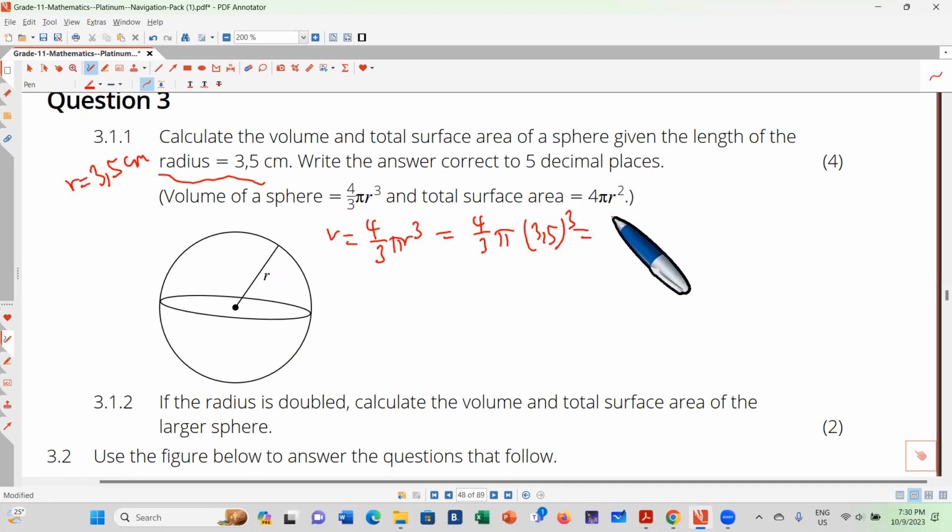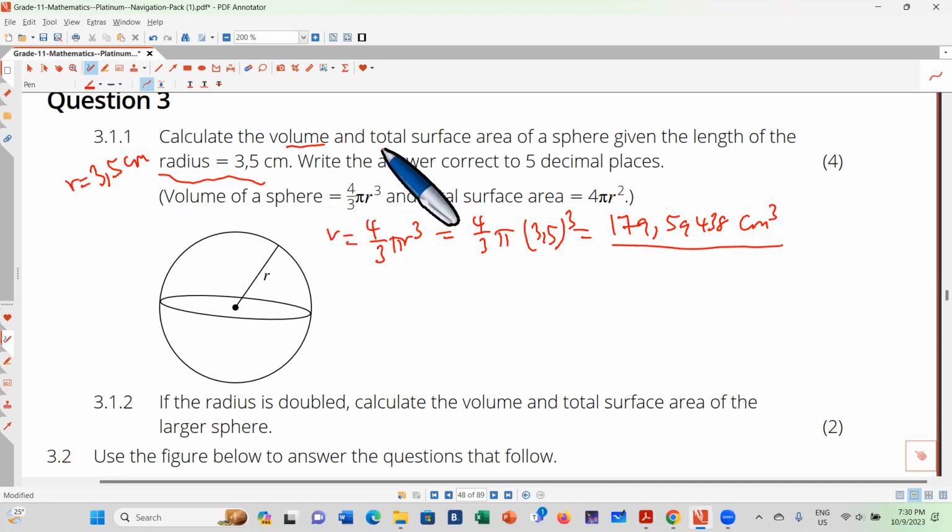If you calculate this, it is 179,54438 cubic centimeters. That will give us the volume of the sphere, because they said calculate the volume.